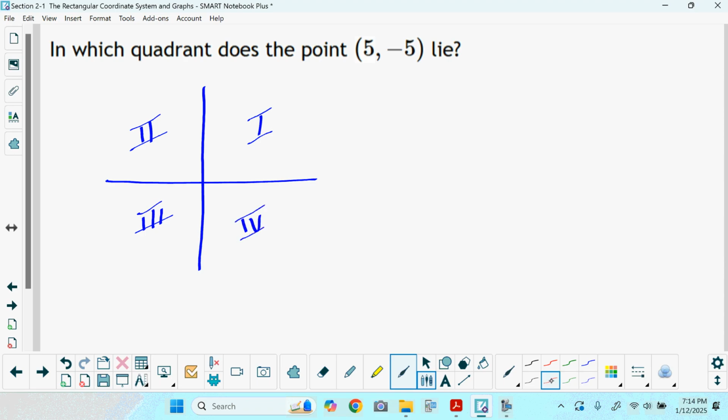Remember that this is a Cartesian plane, named after Rene Descartes, the father of 2D, 2 dimensions, X and Y. They are ordered 1, 2, 3, 4 in the form of a C. So 5, -5 would be down in the 4th quadrant.